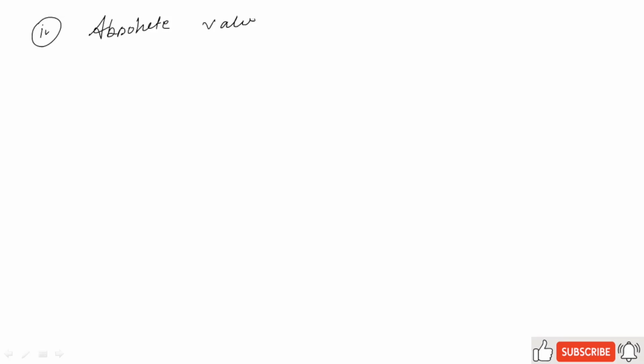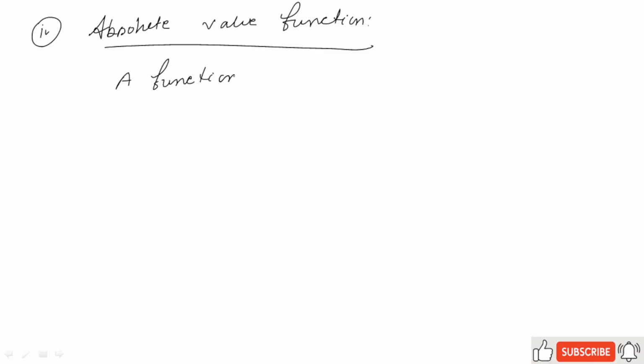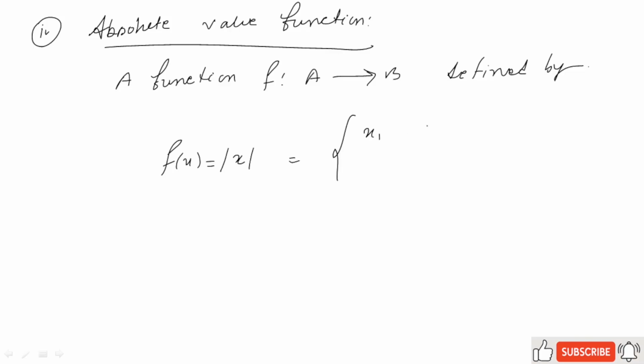Absolute value function. So what is an absolute value function? A function f: A to B is defined by f of x is equal to mod x.